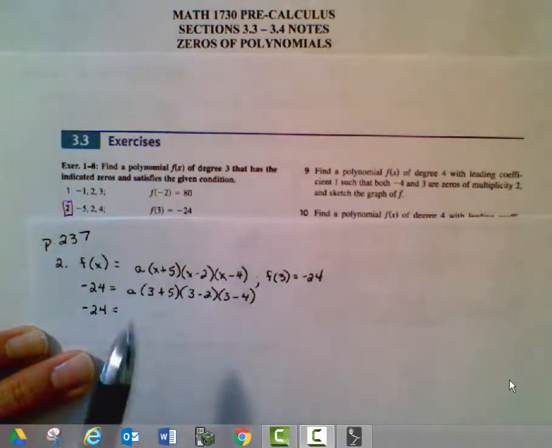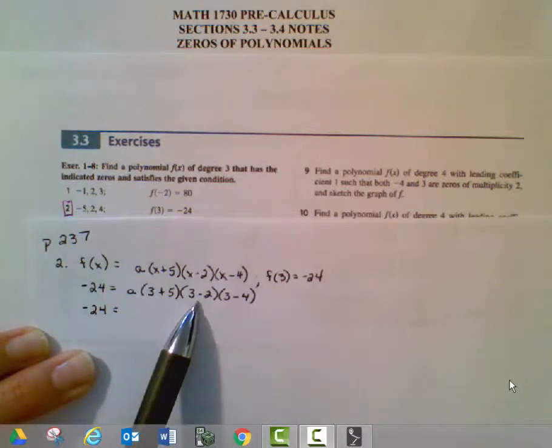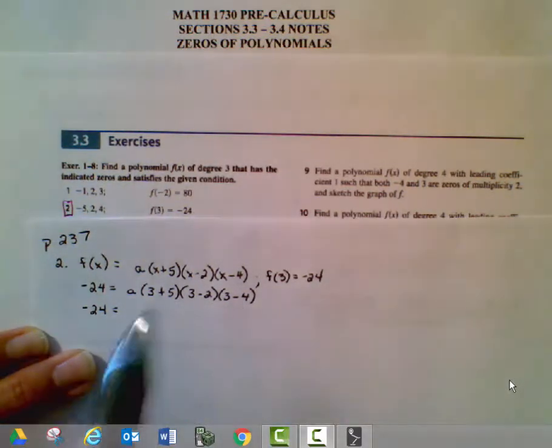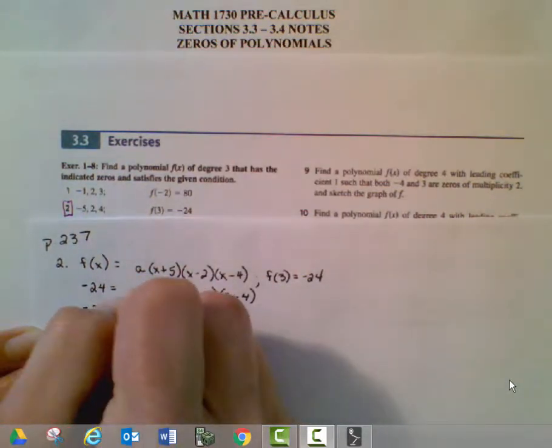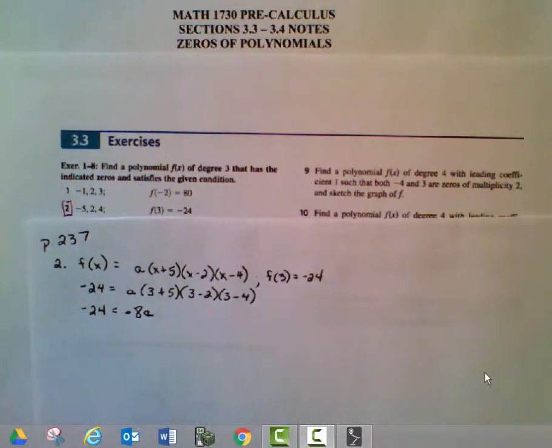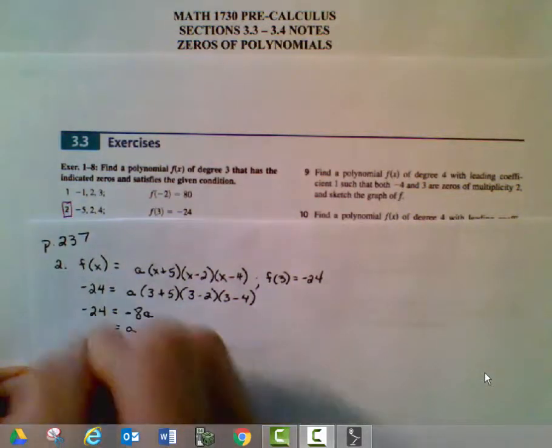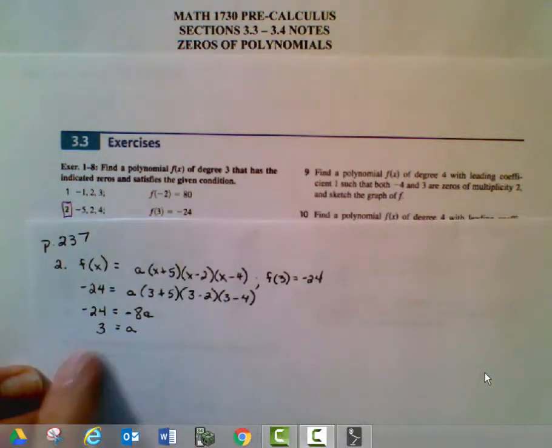That right-hand side would simplify to 8 times 1 is 8, times negative 1 is negative 8. So negative 8a equals negative 24. That means the coefficient that we need to satisfy that last condition is 3.